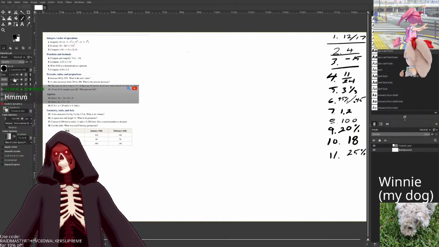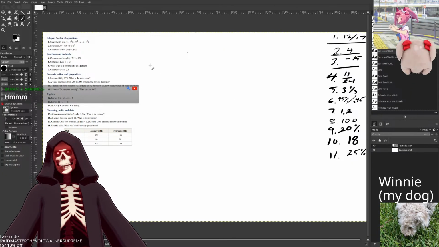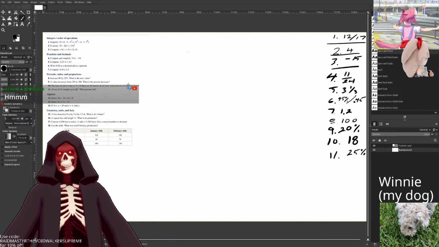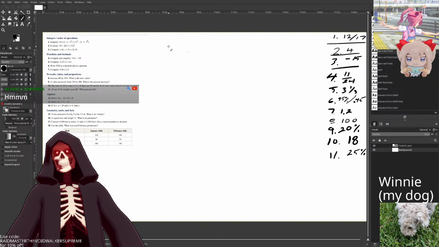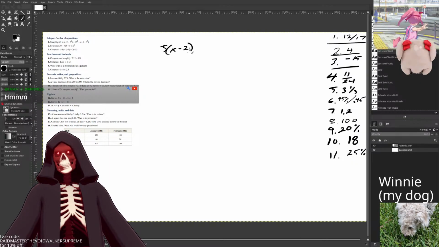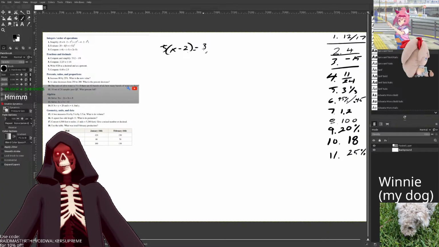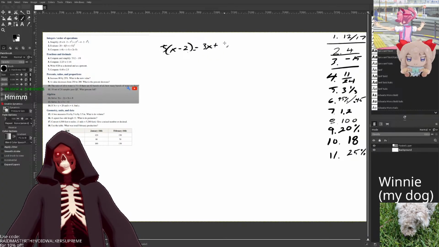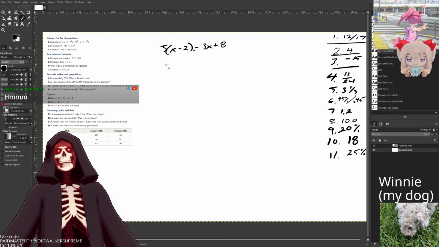So, drop that down a little bit. Okay, so now for 12, we'll solve 5x minus 2 is equal to 3x plus 8.